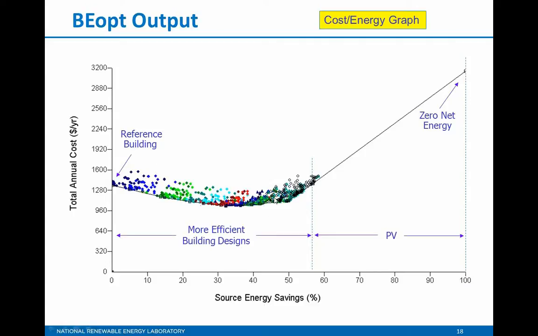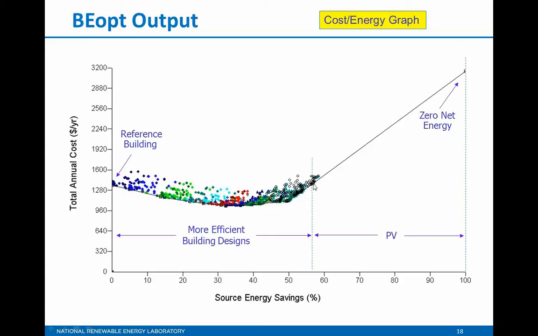Now, we typically show a region of efficiency and then a region of PV. But BEopt is considering PV all along the path. And only when it finds that the next efficiency option would in fact be more expensive in terms of unit of saved energy, more expensive per kilowatt hour saved, or if we also have gas, more expensive per unit of energy saved than PV, then PV is utilized.